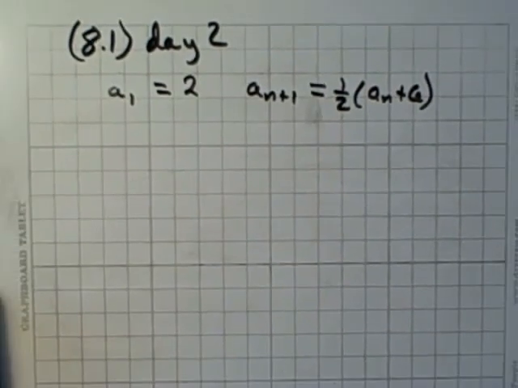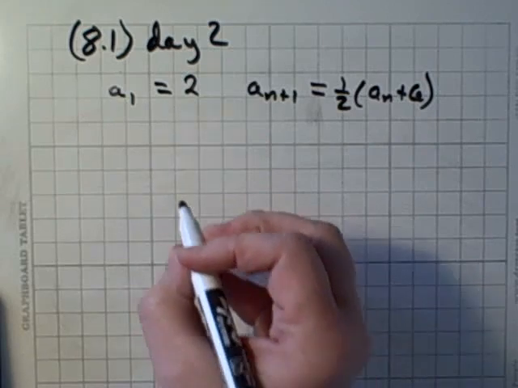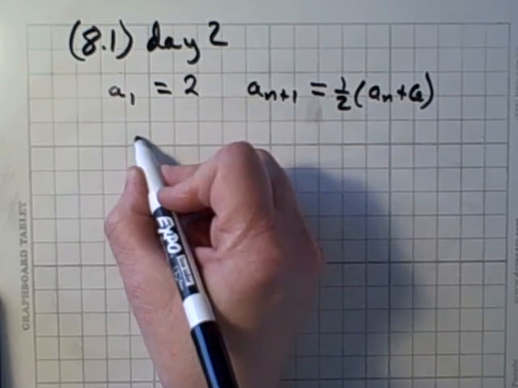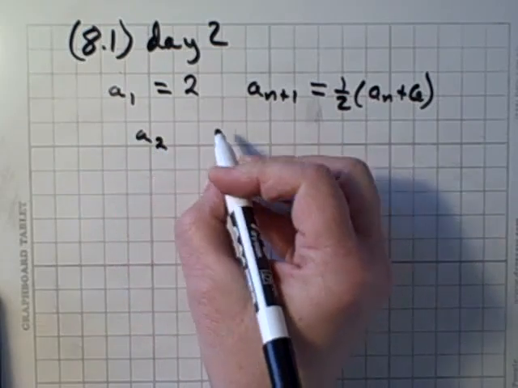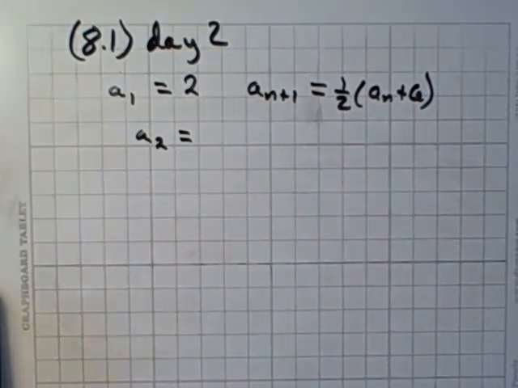Let me zoom back out. Let's walk through the proof on how to carry this out. It makes use of the idea of induction. We need to establish that the second term, how does that compare to the first term?